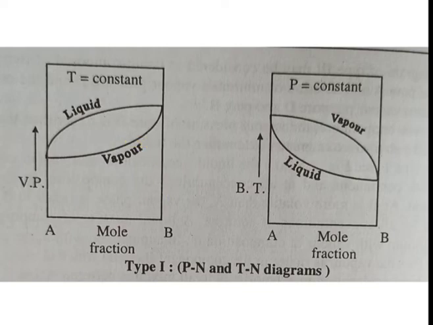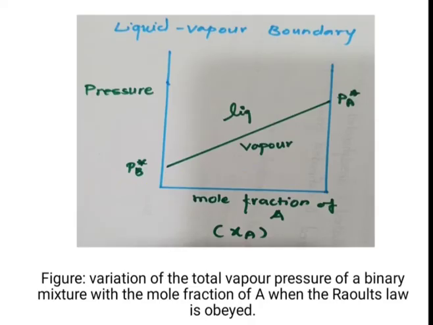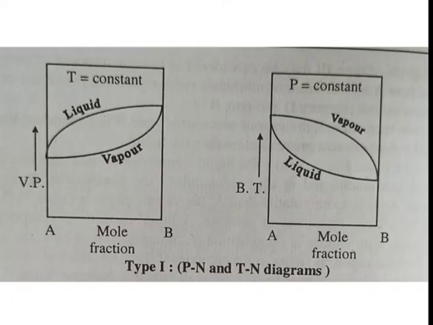In such a way you can draw the diagram of vapor pressure versus mole fraction, a diagram which shows the liquid-vapor boundary. So, this is the boundary between liquid and vapor. Here also this one is the boundary between liquid and vapor.